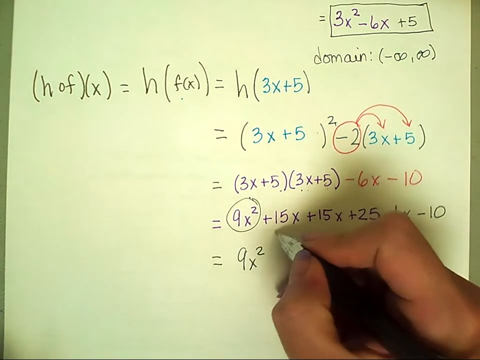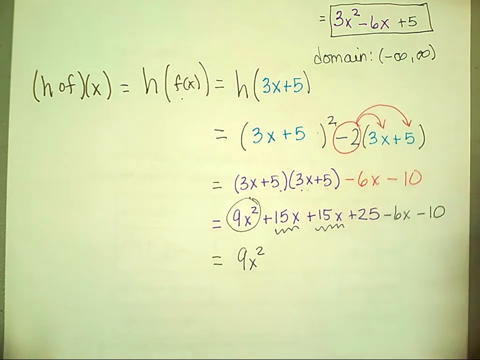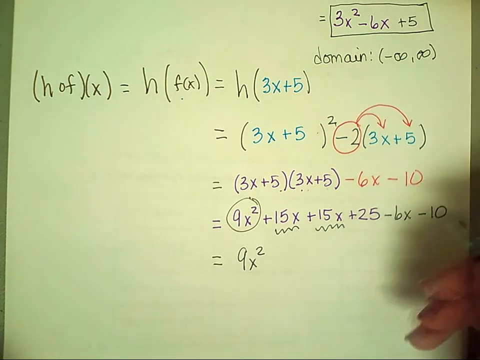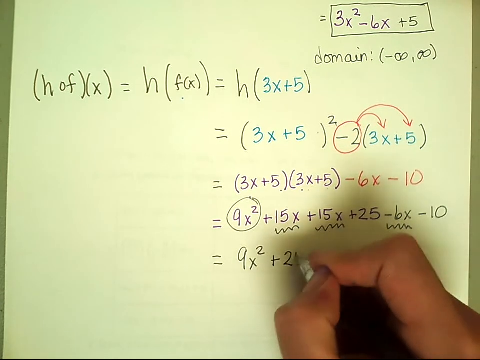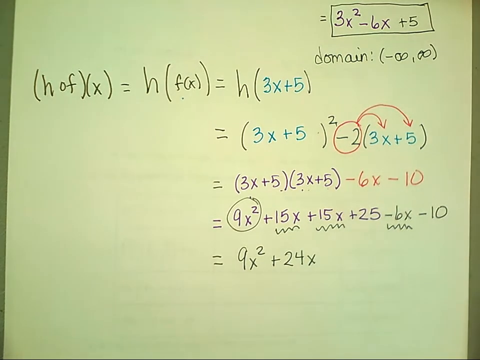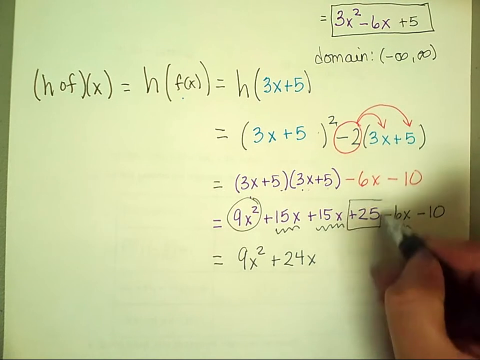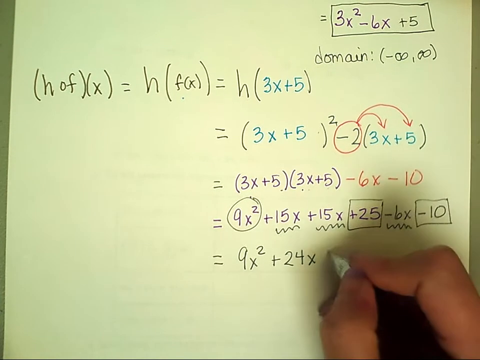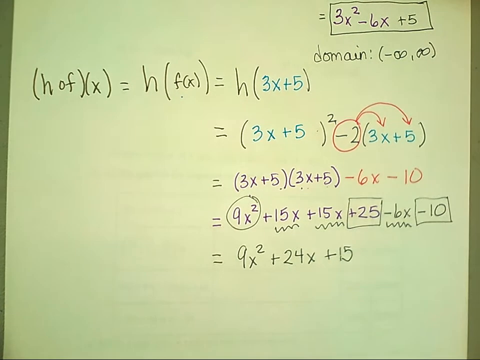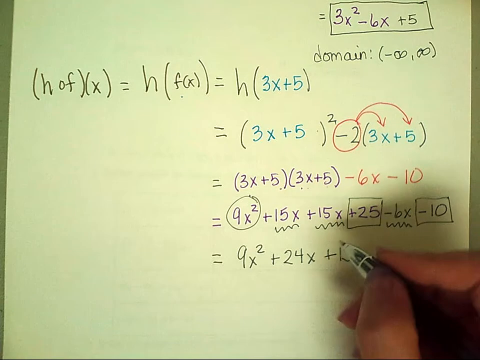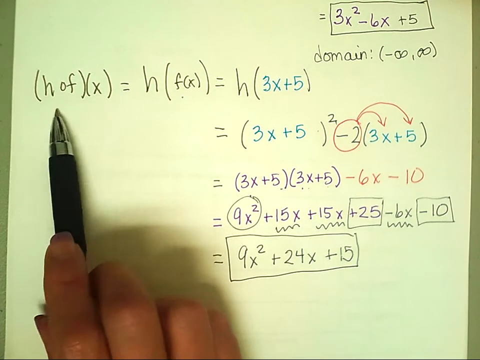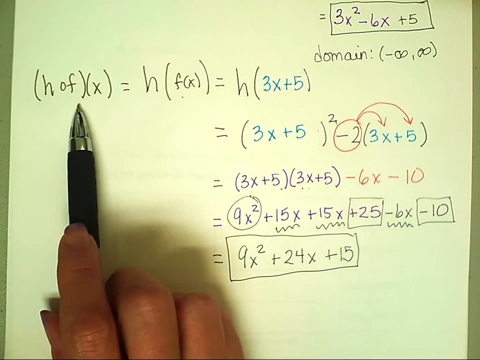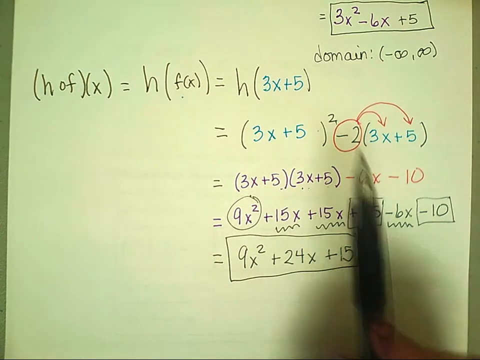So 9x squared stays by itself. Here I have 15x plus 15x, which is plus 30x, but then I'm going to subtract off 6 x's, so I have plus 24x. And here if I have plus 25 and I subtract 10, I have plus 15. So this is our new function, h composed of f.